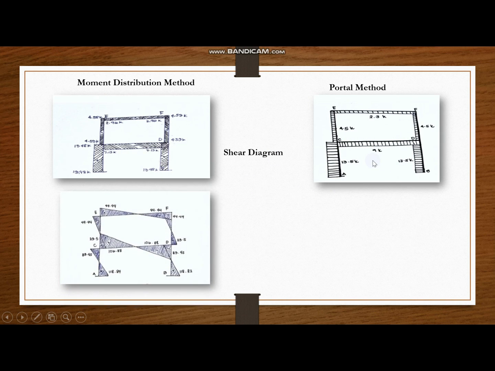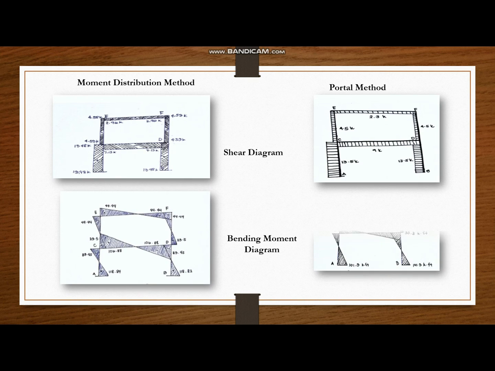Pero, pagdating sa bending moment diagram, may konting difference, which is, for example, our load is like 118.82 here ng moment distribution method, but in portal method, our reaction or our load here is 101.3 K feet lang. So may konting difference.